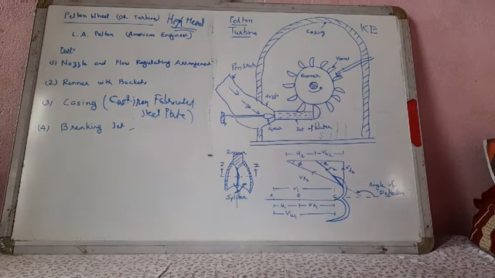Now we have to calculate the forces and efficiency for this Pelton wheel turbine. For this, the velocity triangles are made.